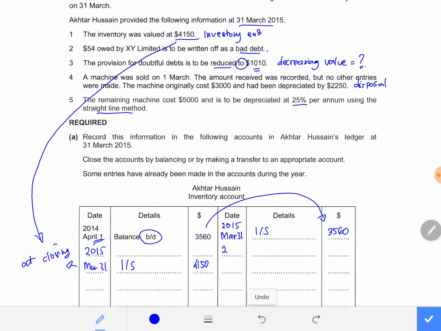And then you close with balance CD. No need to put the year, because it is still 2015. So you put balance CD like this, 4,150. Total would be 7,710.